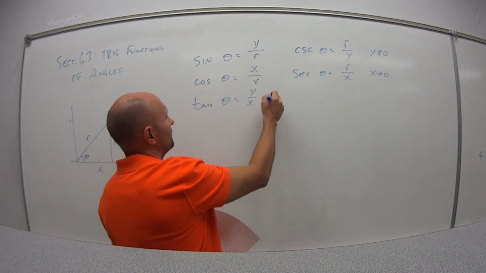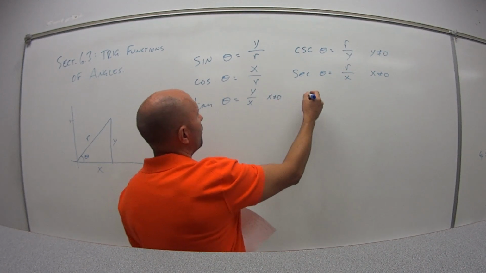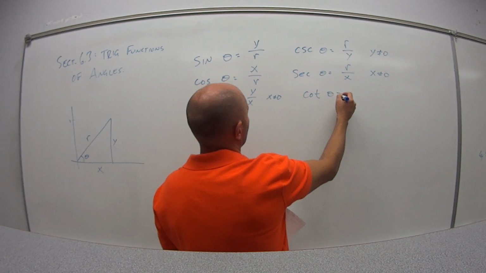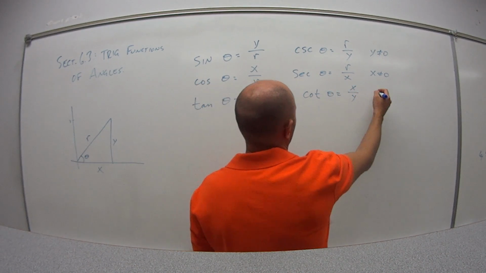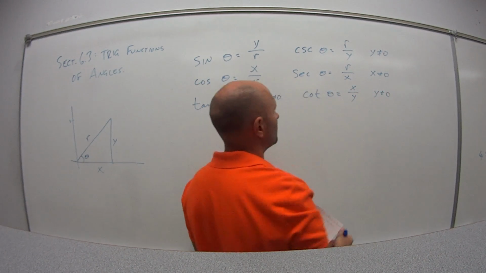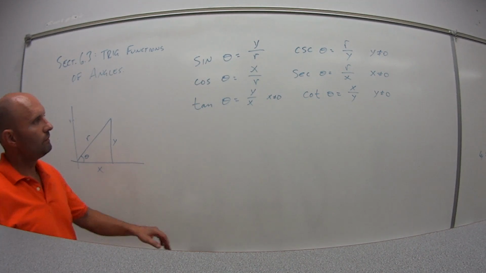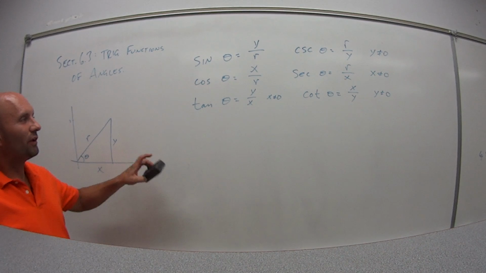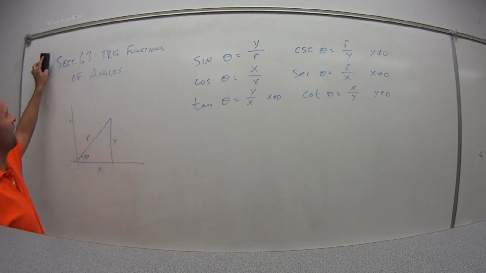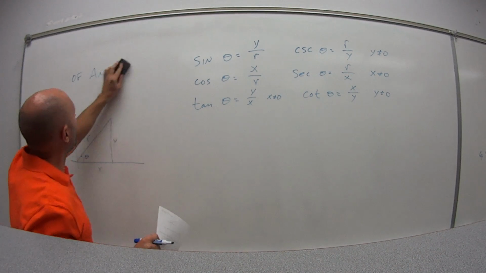For tangent, in this case, x can't be 0. Cotangent of theta is x over y, and so y cannot be 0. Again, it would cause an undefined condition. So instead of talking about opposite, adjacent, hypotenuse, now we're talking about x, y, and r.